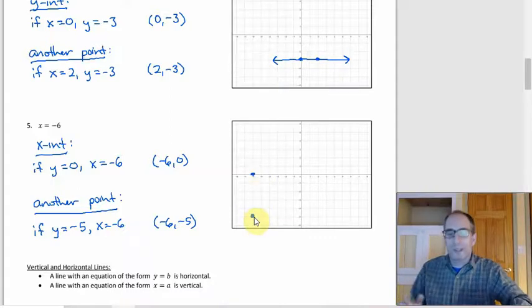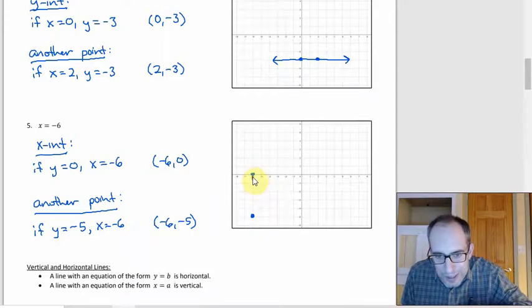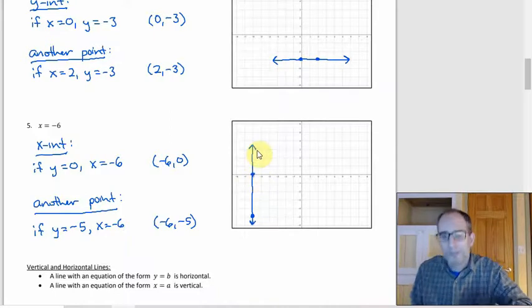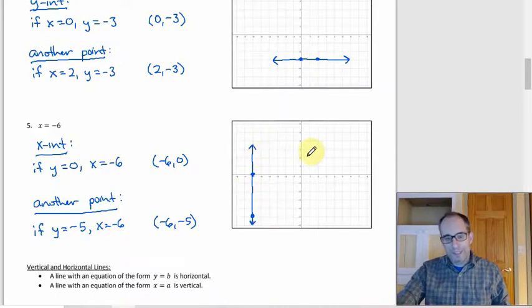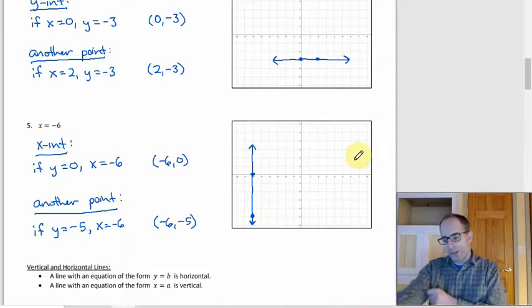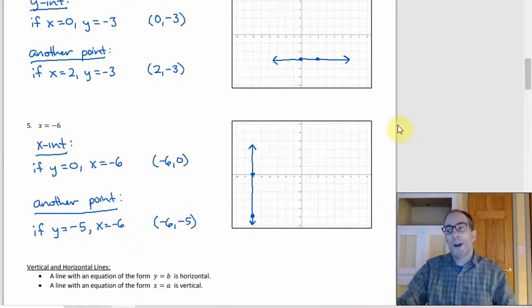And then you can clearly see that it's going to be vertical, right? If we draw through those 2 points, it's just going to go straight up and down. You can end up with something that looks like this. All right, so those are kind of the exceptions when you don't have both variables in there, but they're actually easier to graph, right?